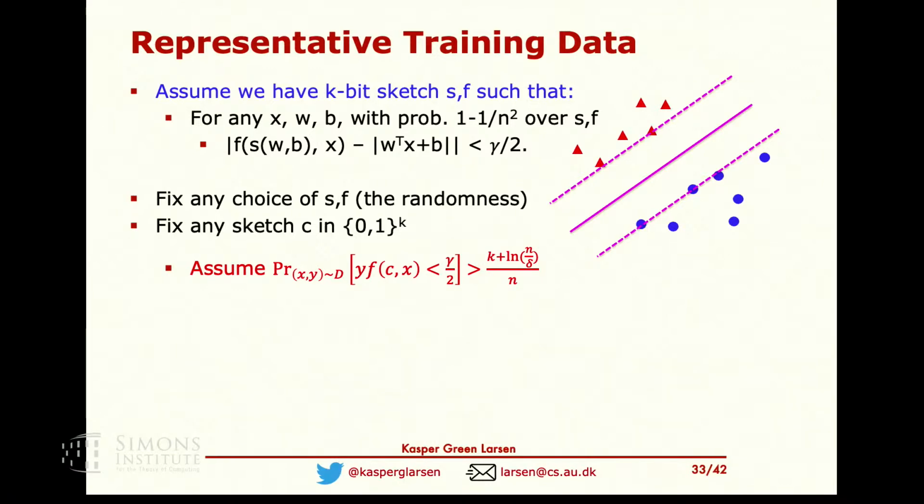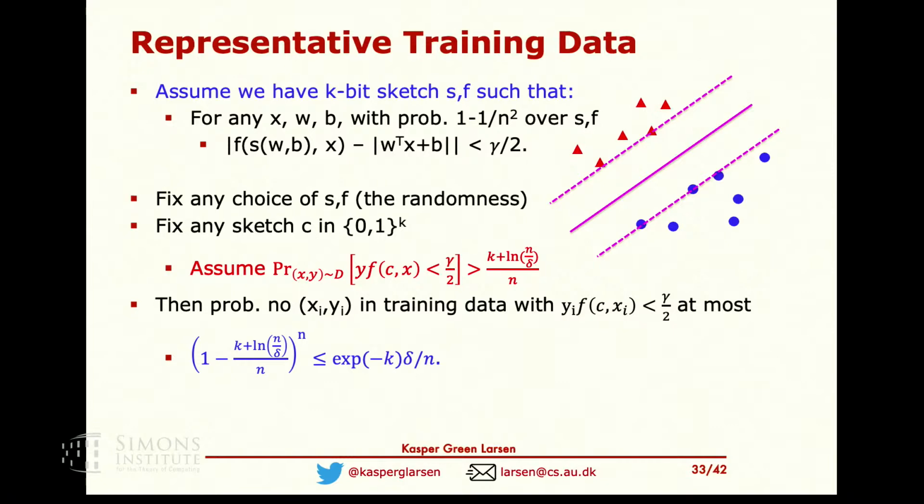Let's say that there's a big chance that I'll approximate the margin to be something less than gamma half. Then I'll basically see an example in my training data set. I will see one training point where this approximated margin is less than gamma half.